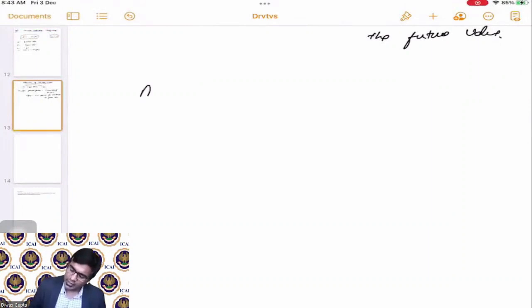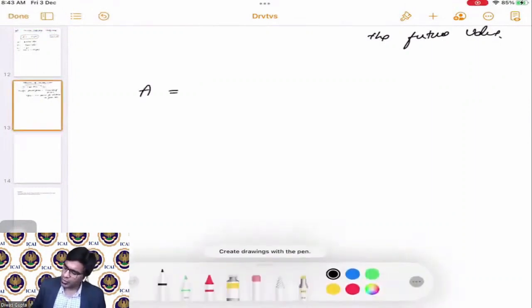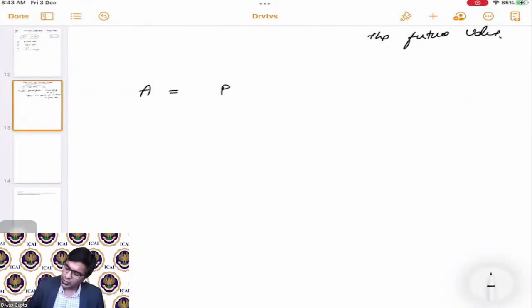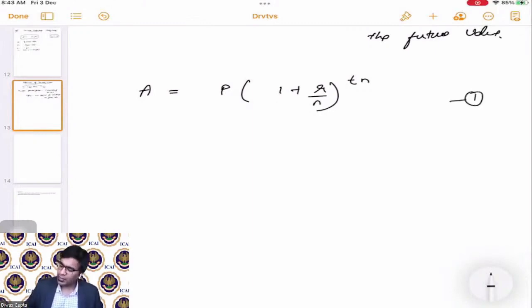Now, we have already studied that there are two formulas. I'm just rewriting them here so that our entire loop is closed. A is equal to P into 1 plus R divided by N, raised to the power T multiplied by N. This is the basic formula. Then in case of continuous compounding, P E raised to the power RT.